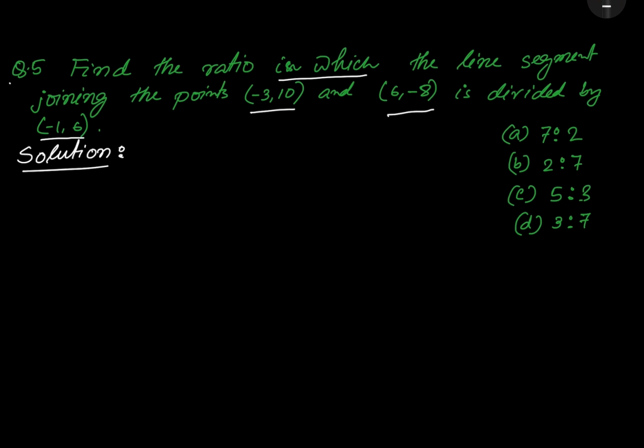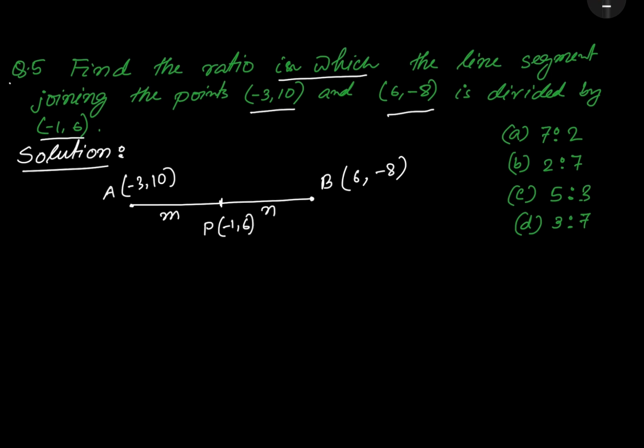If I draw the figure, suppose this point is A, which is given as (-3, 10), and point B is given as (-6, -8). Now I have to find the ratio, that is m, this is m, this is n. P is also given, P is (-1, 6).